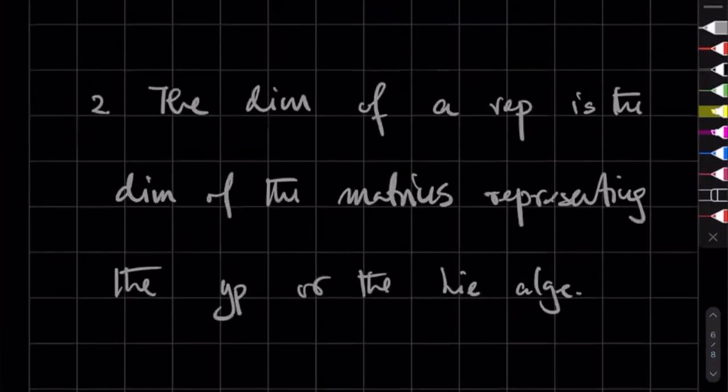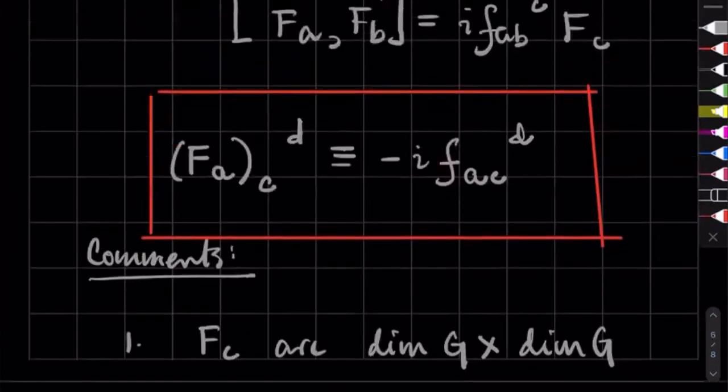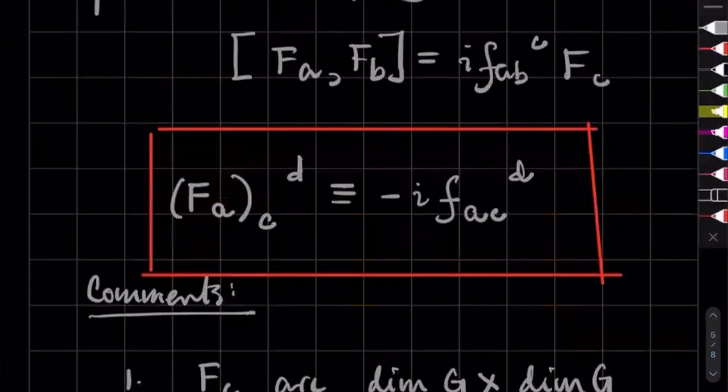And that's it. I wrote the indices like this just to have some parity with the structure constant. There is nothing deep about this. Until we actually define a metric on our Lie algebra, we won't be able to give any intrinsic meaning to things which are upstairs or downstairs.